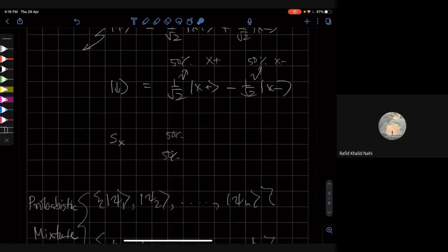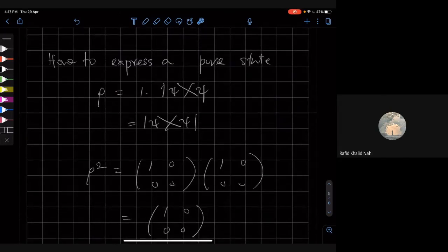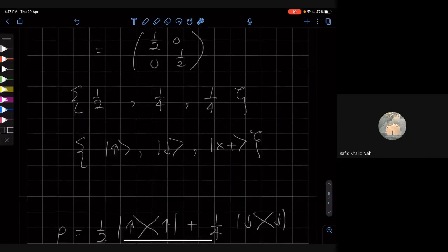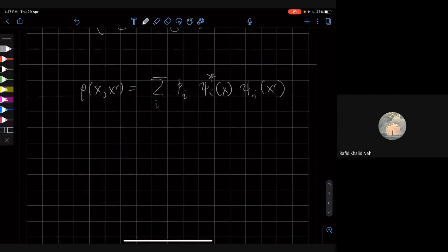Okay, let me say a few more things about properties of the density matrix. If you properly normalize your states, then the trace of a density matrix is, of course, 1. This is just a statement of probability conservation, right?